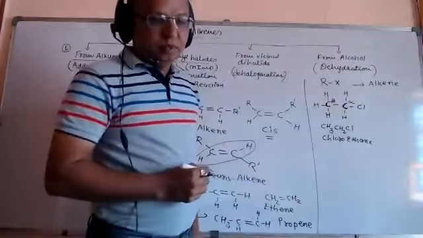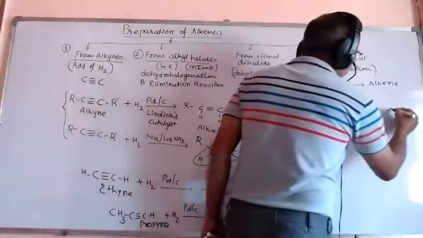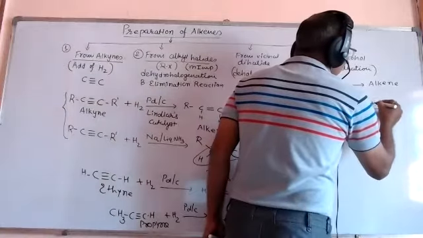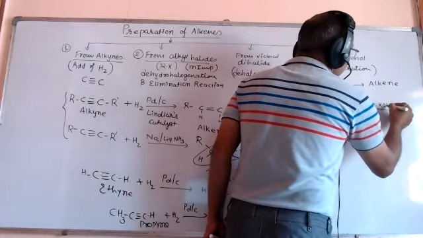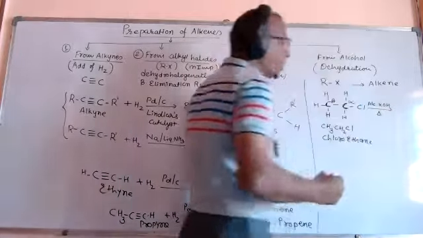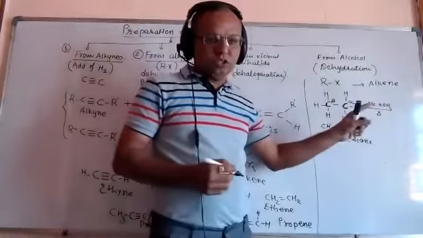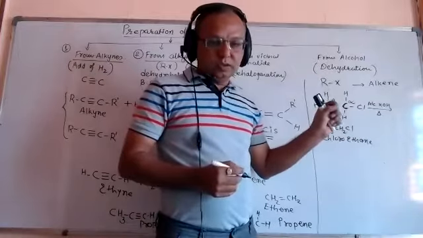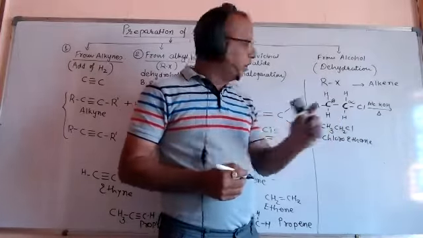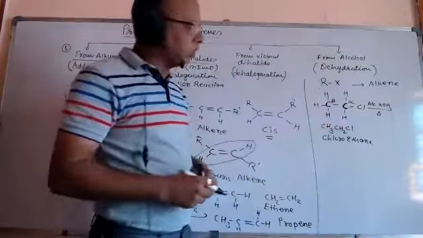beta carbon. In this reaction, we use alcoholic KOH as catalyst in presence of little warm heat. Alcoholic KOH, that is potassium hydroxide. And friends, what happened in the reaction?